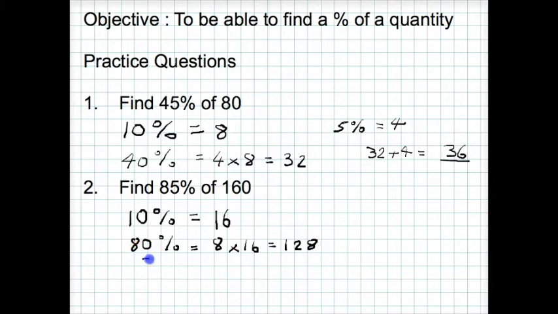And then of course I need my 5% to give me 85%. And like we said on question 1, 5% is half of 10%. If 10% is 16, 5% must be 8.